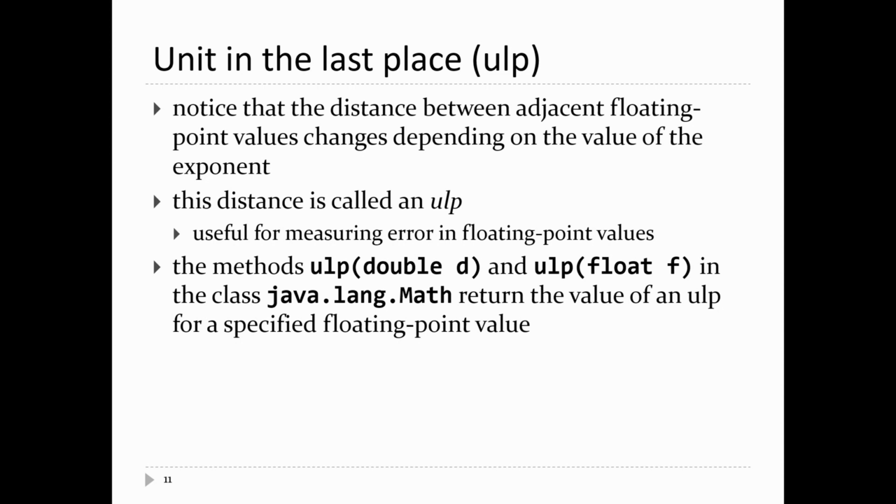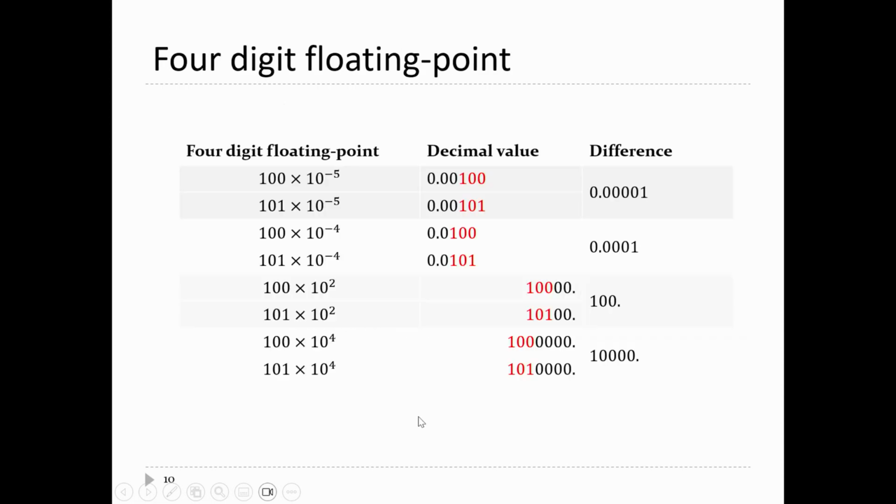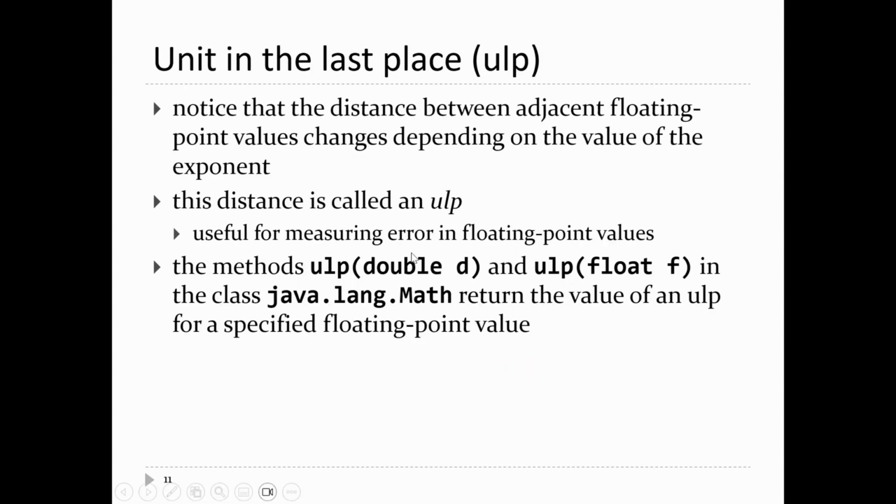The distance between two adjacent floating point numbers is called the ULP, or the unit in the last place. Why is it called the unit in the last place? Because the last place in the significand is the digit on the right. So if I set that value to 1, that's equal to 1 ULP, so 1 unit in the last place.